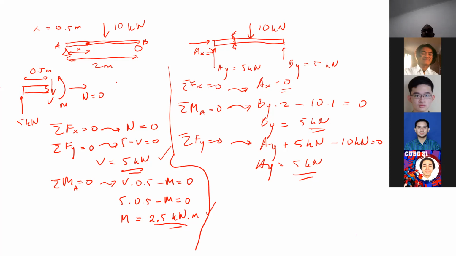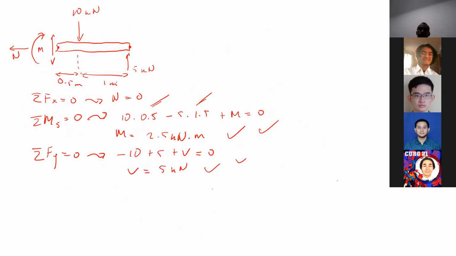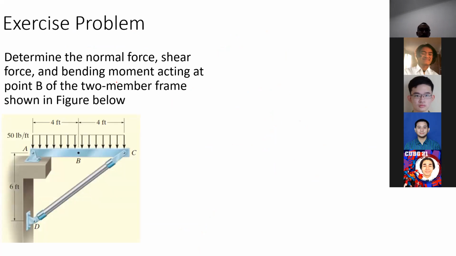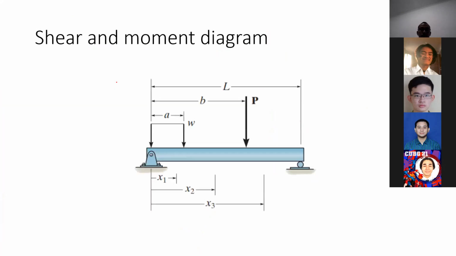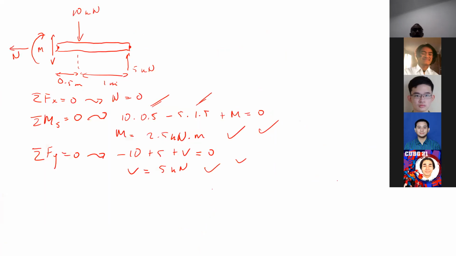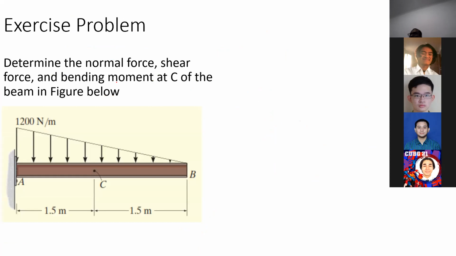Tidak ada? Oke, untuk hari ini kita fokusnya hanya ke gaya dalam pada satu titik terlebih dahulu ya.